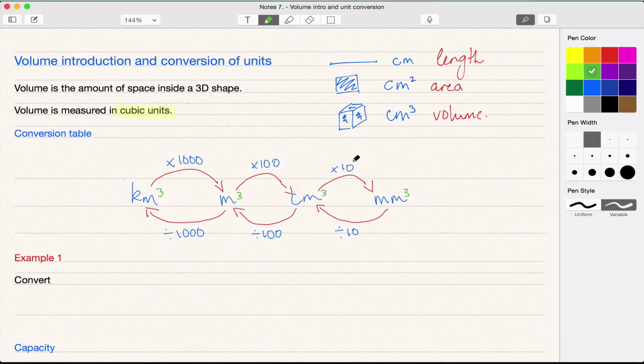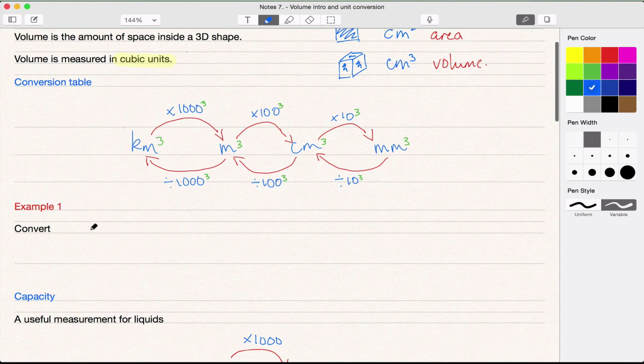And when we do that, we need to make sure that we're multiplying by the same factor we had when we were looking at length, but this time it is cubed. So same table, just make sure you put the cubed on the units and the cubed on the multiplying factor.